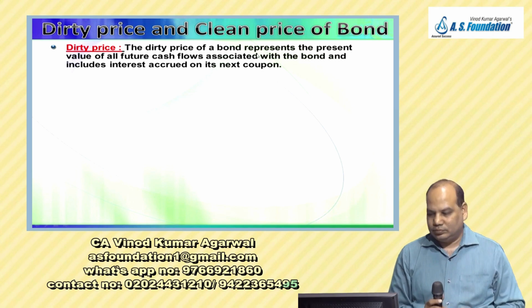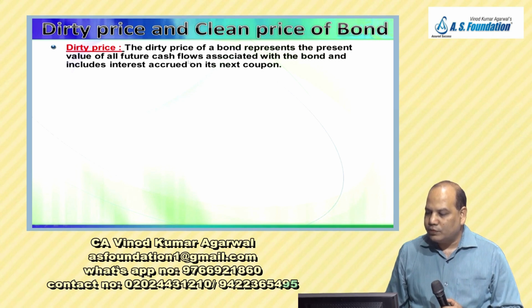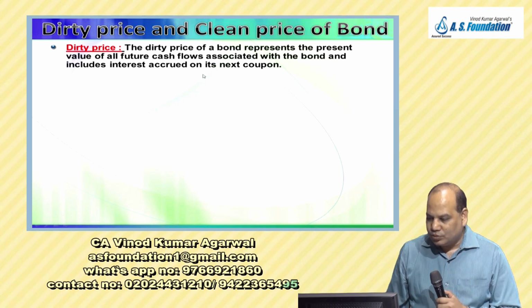Is it right? So it represents the present value of all future cash flows associated with the bond and includes interest accrued on its next coupon.